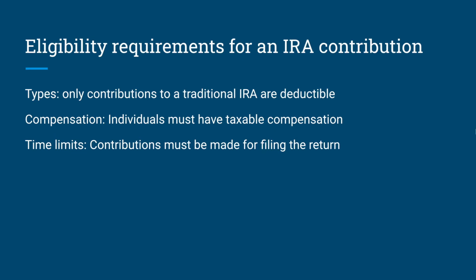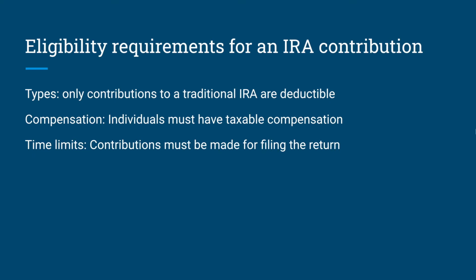Getting into a little bit more detail on those, there are some key eligibility requirements for an IRA contribution. The first one is the type. Only contributions to a traditional IRA are deductible. If you'll remember, we talked about a bunch of different IRAs in the last lecture. All of those besides the traditional are not going to be deductible. With regard to compensation, which is the next requirement, individuals must have taxable compensation.